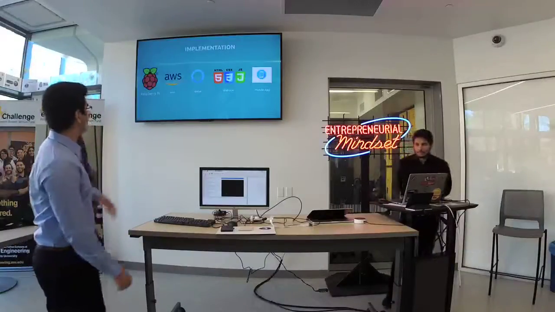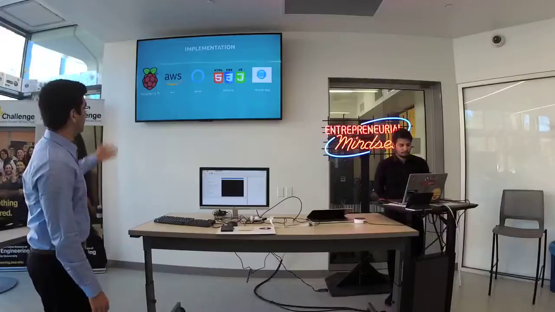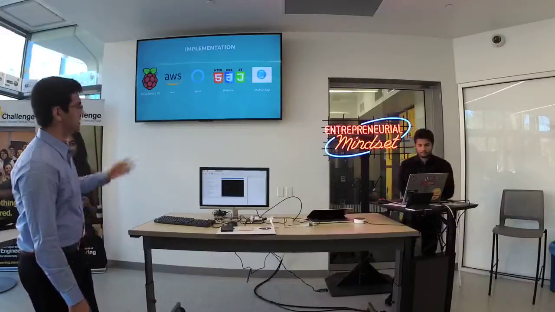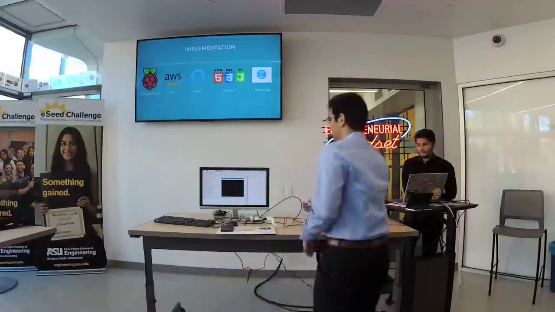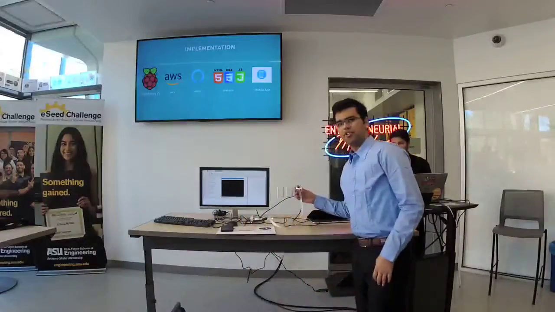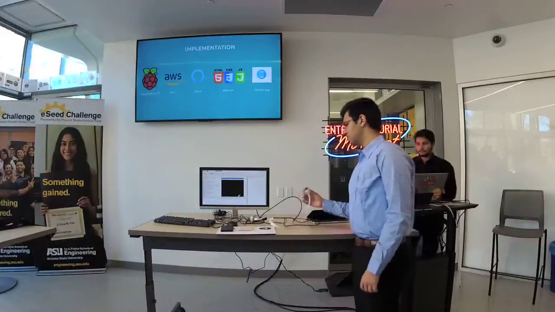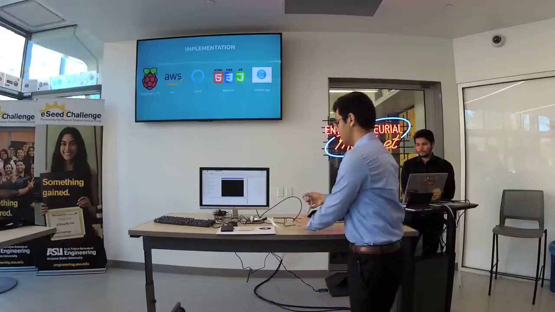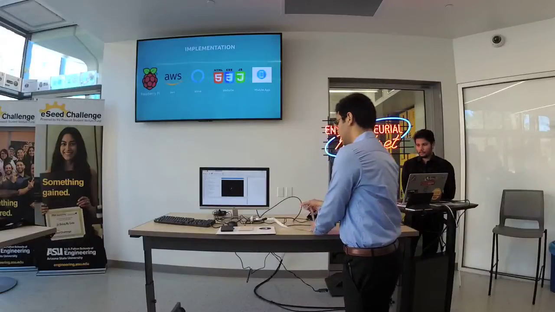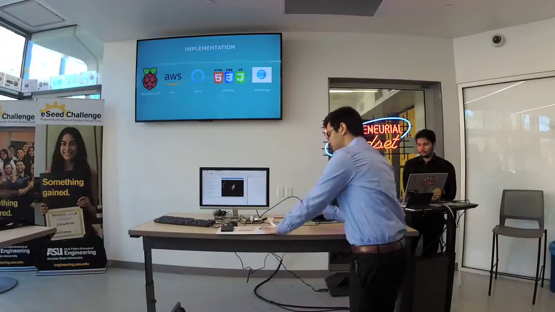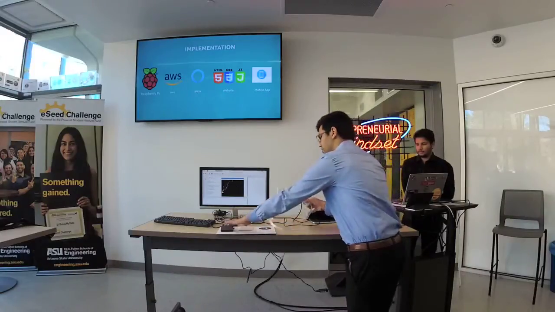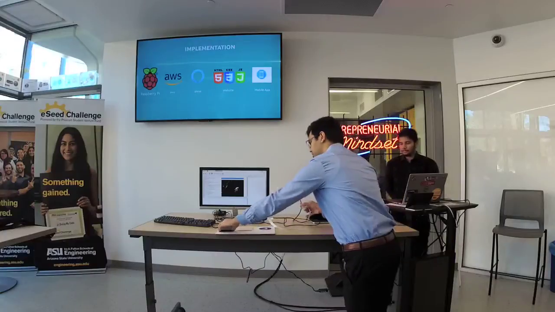We are using Raspberry Pi, an AWS server, an Alexa skill, a website, and a mobile app. For the Raspberry Pi, this camera module can be used for surveillance as well as to detect the empty space. Right now, we can see that spot number 3 is empty, and numbers 1 and 2 are occupied.